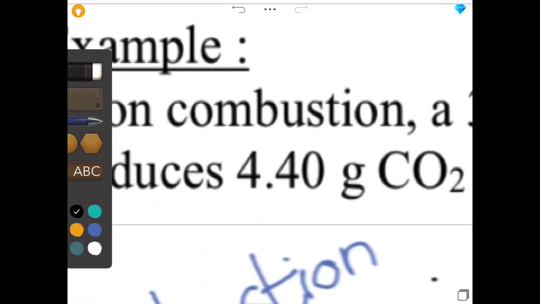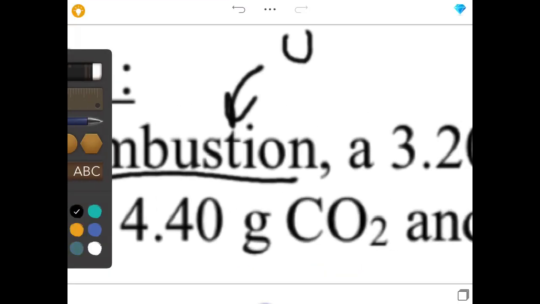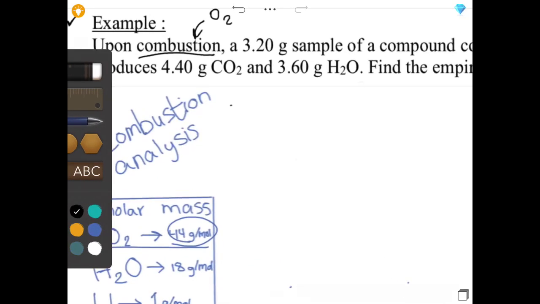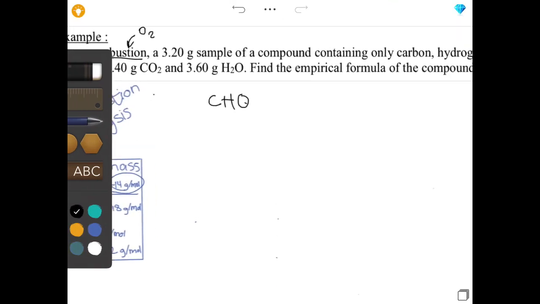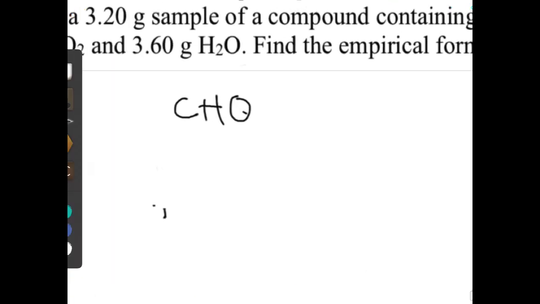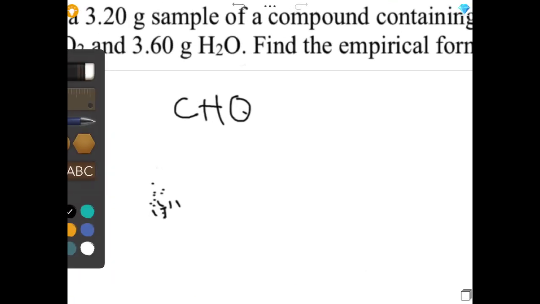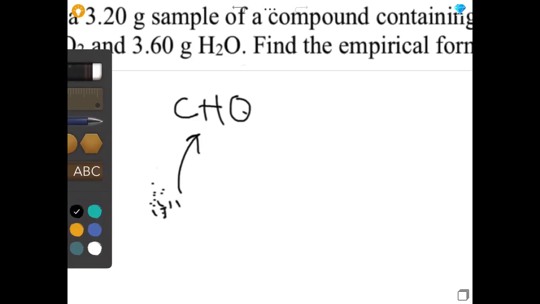Combustion means burn, which in chemistry means adding O2. So for example, you have a compound CHO. Imagine you have a powder, and you know it contains C, H, and O, but you don't know their masses.